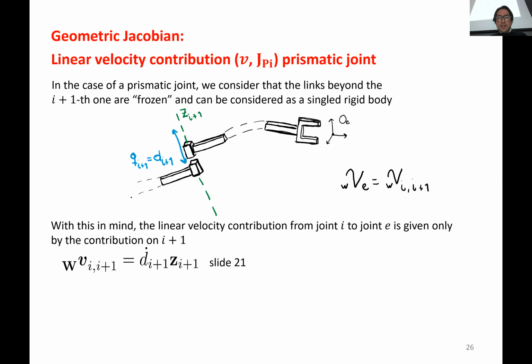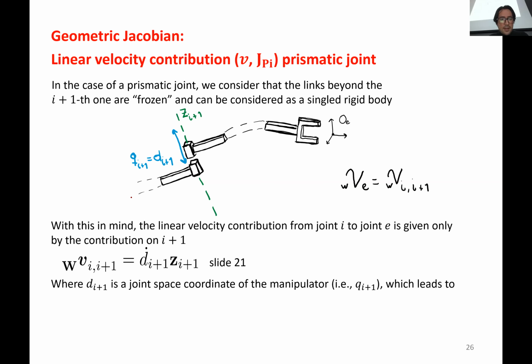This is in slide 21, in case you want to go to the slide. Then the i+1 is the joint space coordinate of the manipulator, usually referred to as q. And this leads to these two expressions.